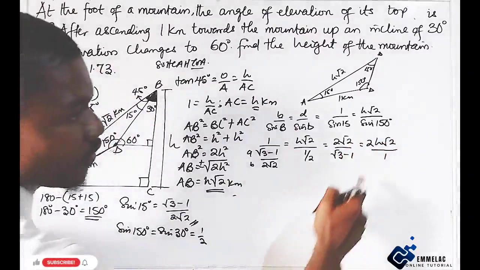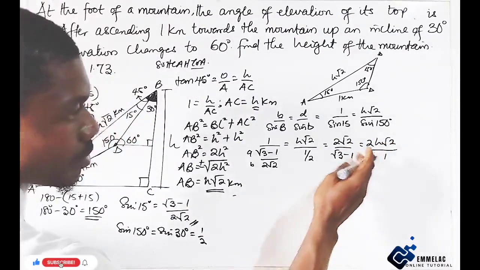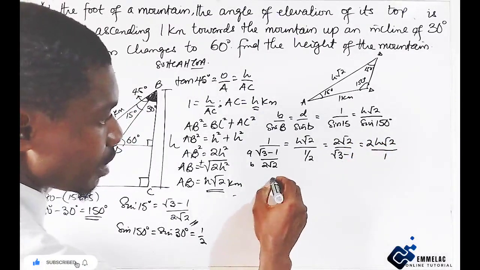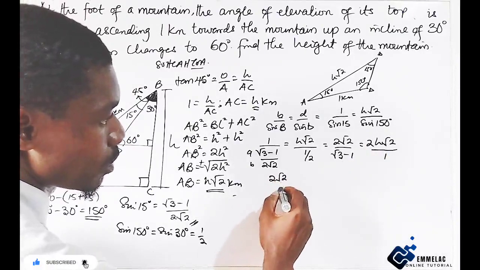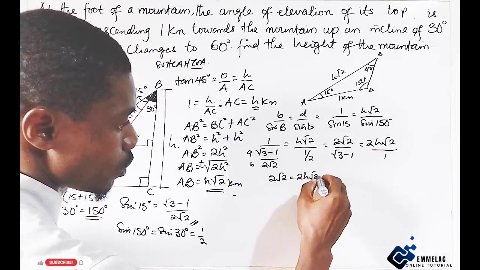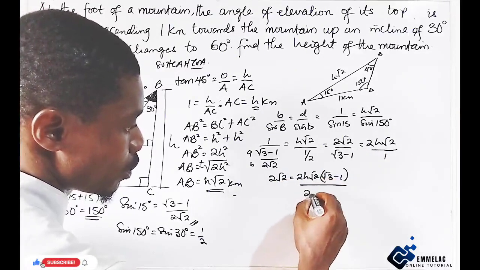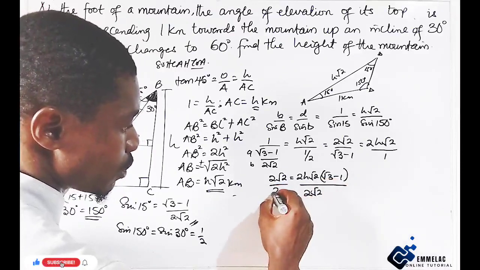Take note, we are looking for the value of h, so we can cross multiply here. We have that 2 root 2 times 1 equals 2h root 2 into root 3 minus 1. Let's divide both sides by 2 root 2.